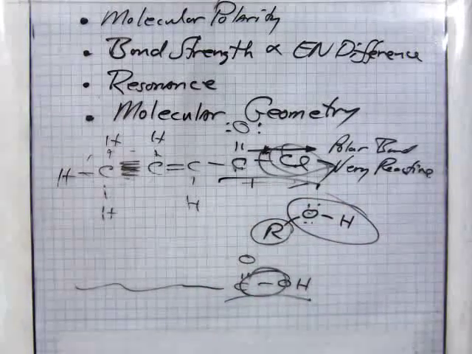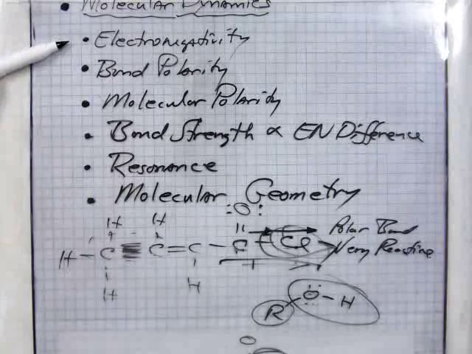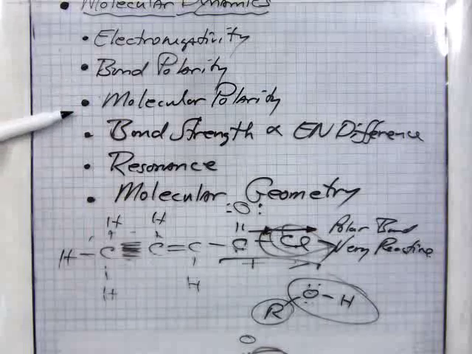And so what I'm trying to teach you here is that in the molecular dynamics, you look and you see something that has a high electronegative difference. What about the polarity? It's highly polar toward the chloride. We'll talk about molecular polarity in a minute, and I'll show you what that is.